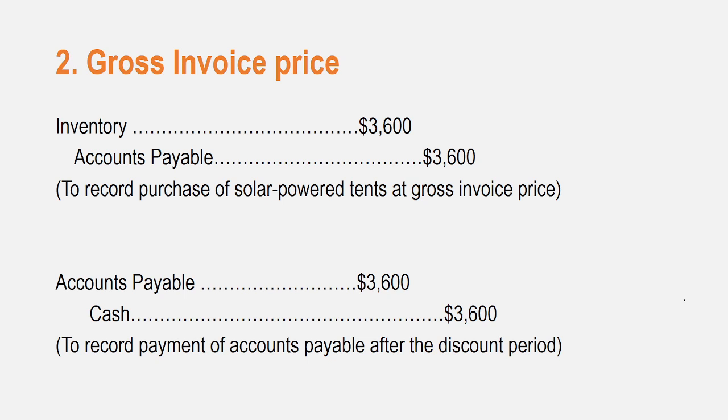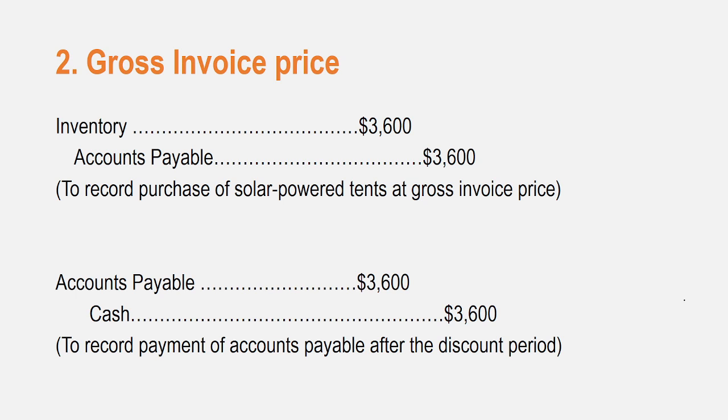Okay, let's look at the final economic scenario. In this case, Adventure Travel Gears initially recorded the purchase of the solar power tents using the gross invoice price method, or the total amount of payment without considering any discounts, and the total amount without any discounts is $3,600.